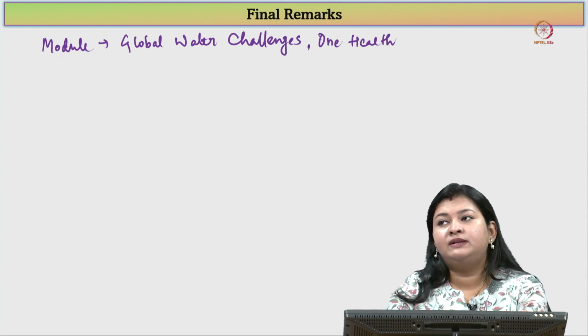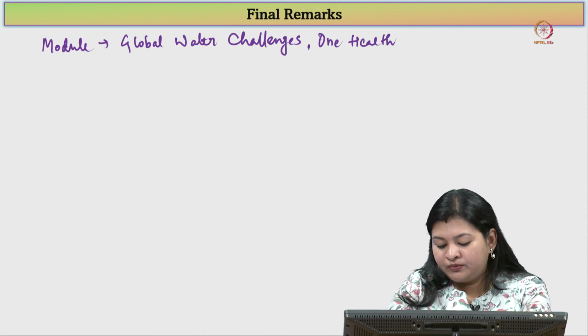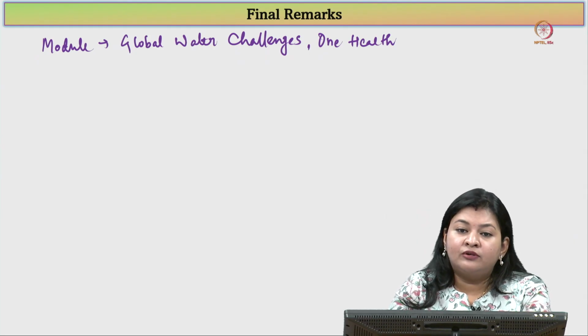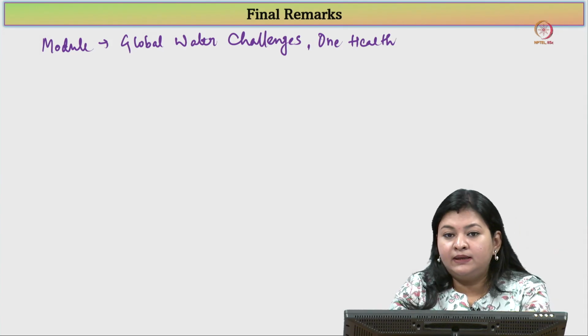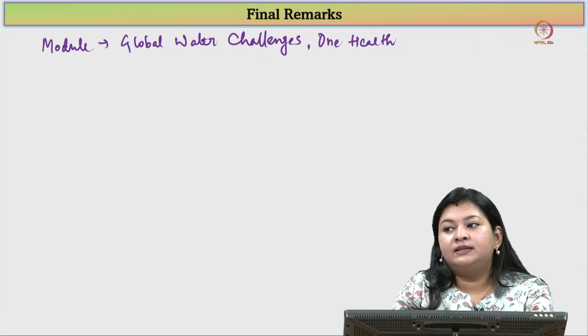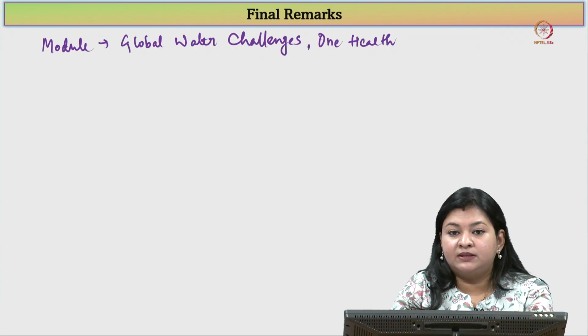For instance, we are changing more and more land cover from forest to urban areas. We are rapidly urbanizing everywhere in the globe. There is more growth in the number of cities, and with this urbanization a number of problems are coming up.